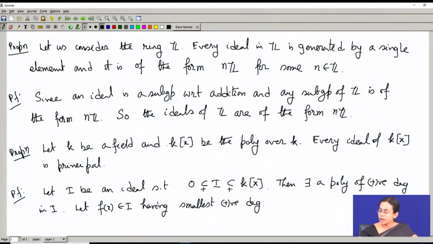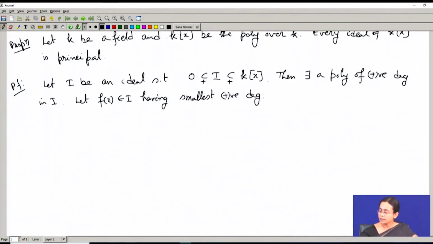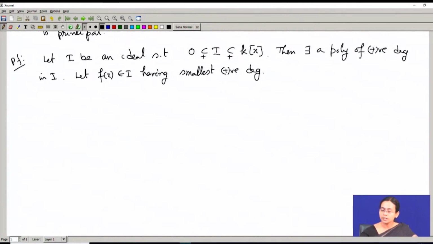Then I would like to show that this ideal I is generated by this polynomial f(x), which is of smallest degree present in I.